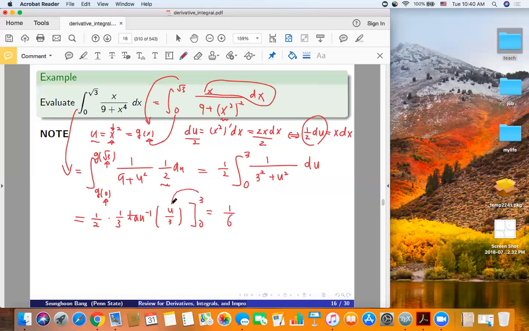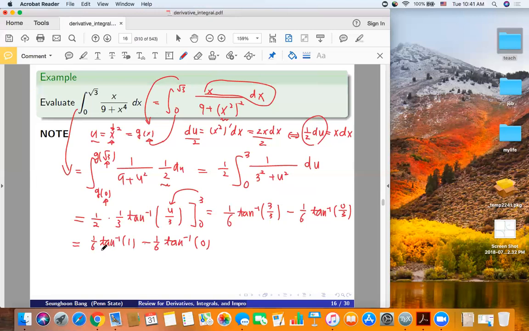You plug 3 into u, inverse tangent of 3 over 3, minus 1 over 6 inverse tangent of 0 over 3. So what's that? The same as 1 over 6 inverse tangent of 1 minus 1 over 6 inverse tangent of 0.